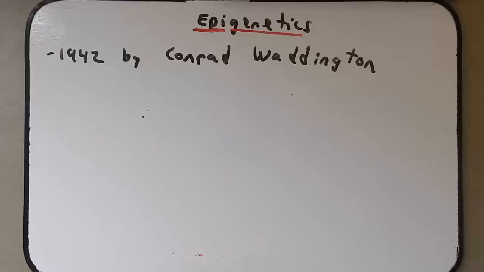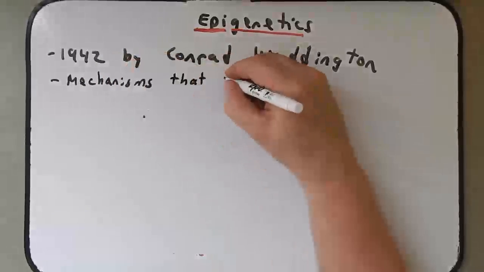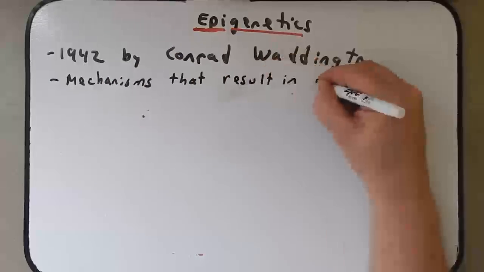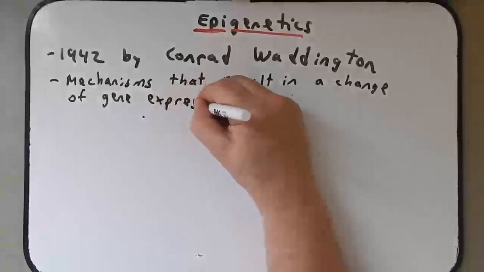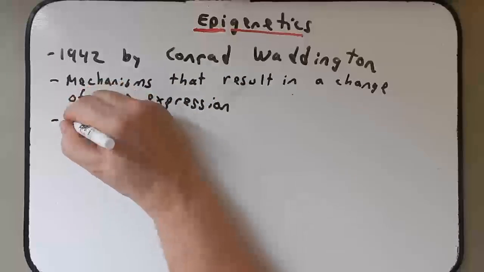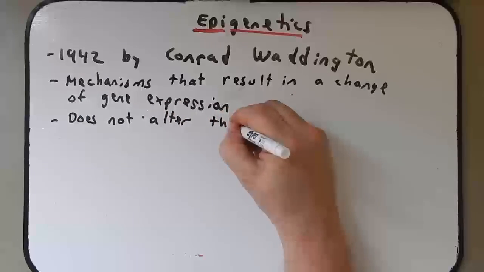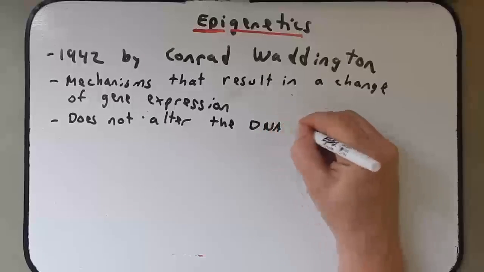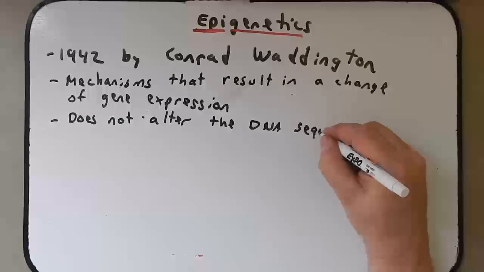In general, we can think of epigenetics as one of several mechanisms that result in a change of gene expression. However, this change does not alter the DNA sequence. So epigenetic changes are not mutations to the DNA sequence.